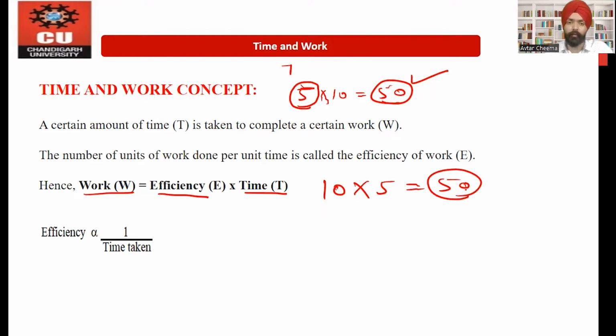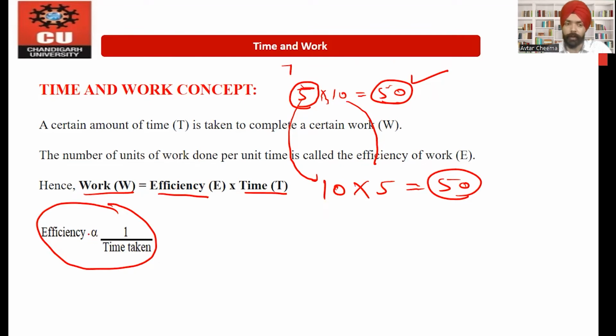From this part, we learn that if your efficiency becomes double, then the time taken by you becomes half. This means efficiency and time taken have a reverse relation. If one thing is going to increase, another thing is going to decrease.